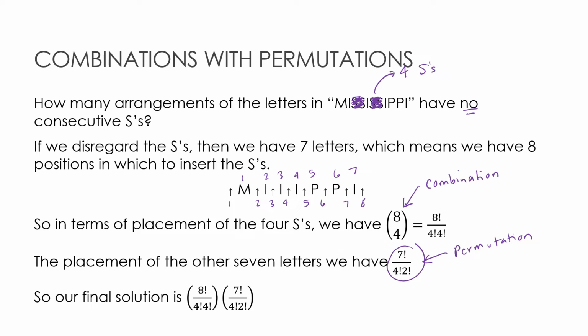Well, 7 factorial because there are 7 letters and I'm using all 7 of them, but because I have some repetition, I've got 1, 2, 3, 4 I's, that's the 4 factorial, and I've got 1, 2 P's, that's the 2 factorial. So our final solution by rule of product is this guy right here. And notice I didn't take the time to multiply it out, and that's okay. I'm more interested in, do you know how to find the solution?